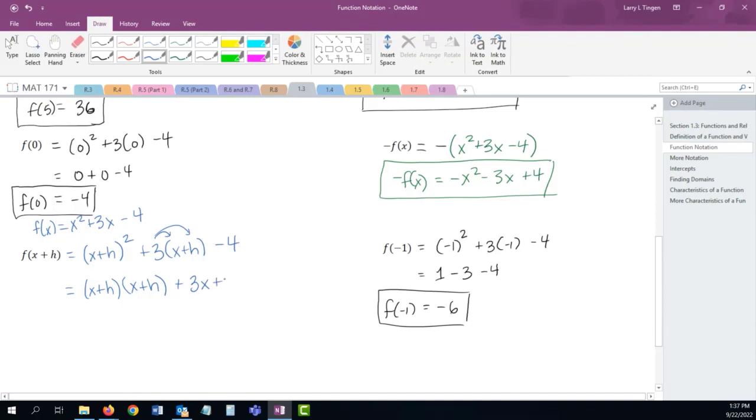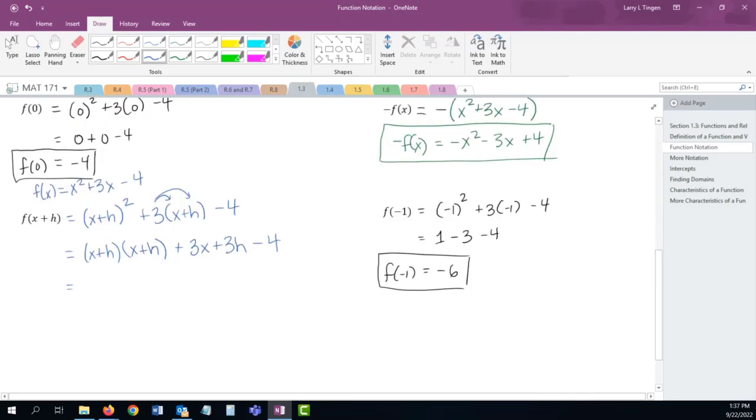So I've got 3x plus 3h minus 4. And then I'm going to come back over here and deal with the multiplication I have at the beginning. This is two binomials, so we're doing FOIL. First times the first is x squared plus outer xh, inner xh, last h squared.